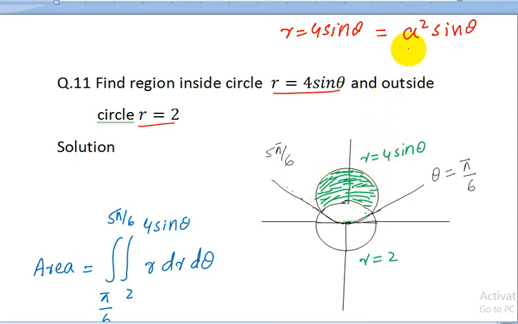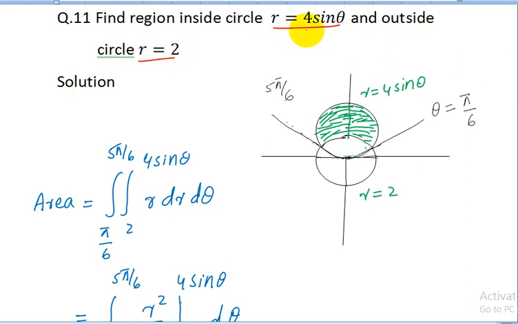So this circle is also a circle of radius 2 but passing through the origin. Both circles are shown in the figure. We have to find this shaded area by using a double integral. We can see that in this region theta varies from pi by 6 to 5 pi by 6.